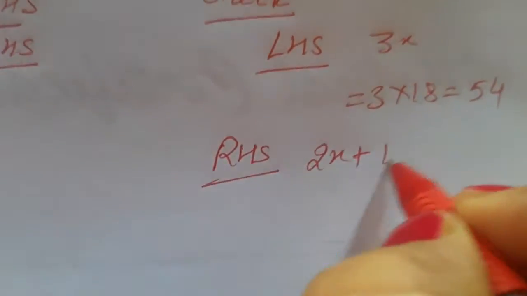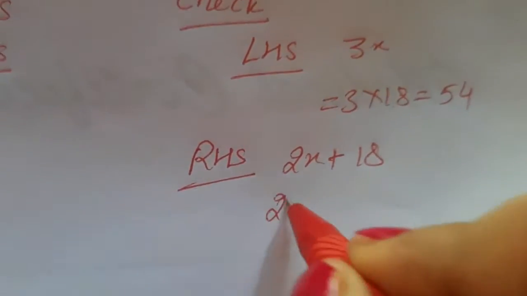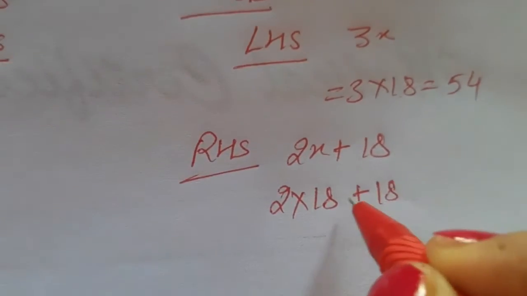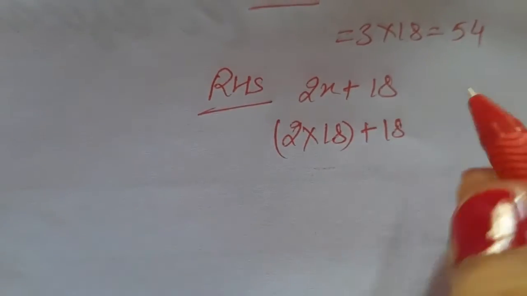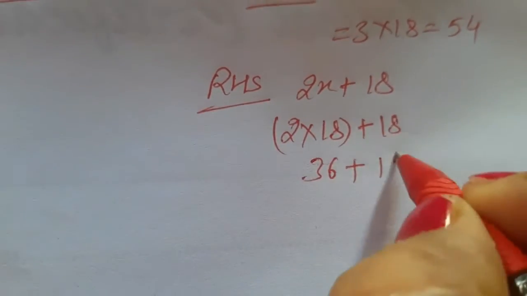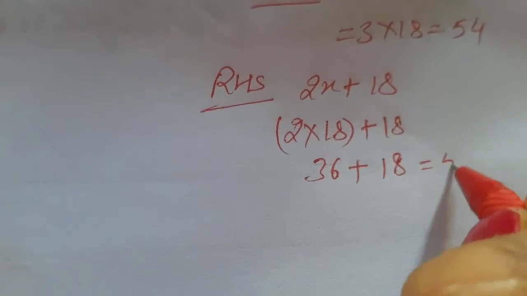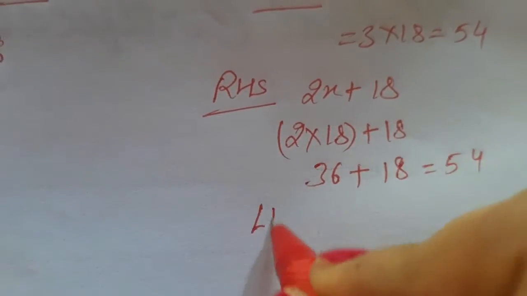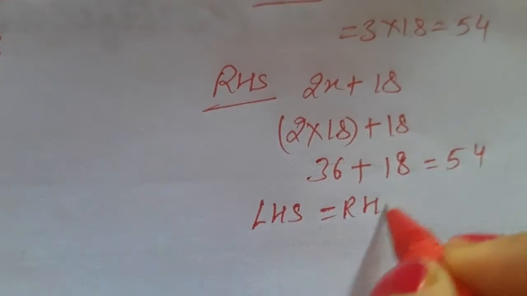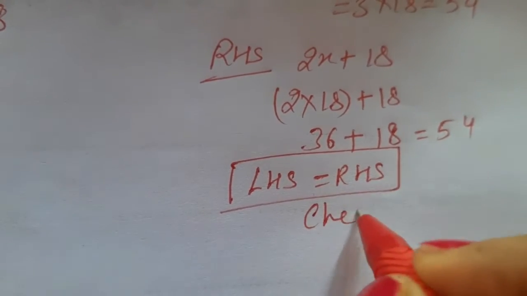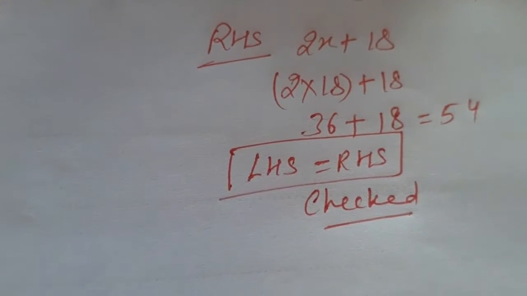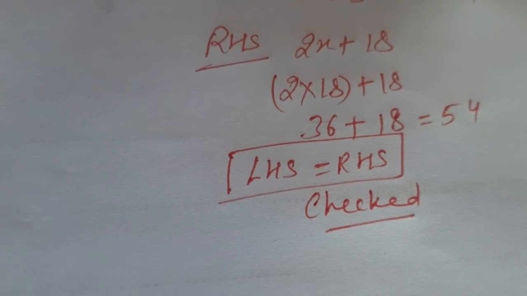Right hand side is 2x + 18, 2 into 18 + 18, that is 36 + 18, that is again 54. So left hand side is equal to right hand side. That means the result is checked, so our answer is correct.